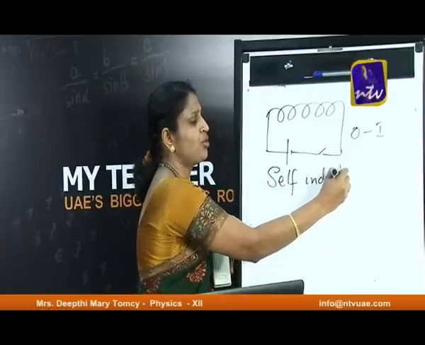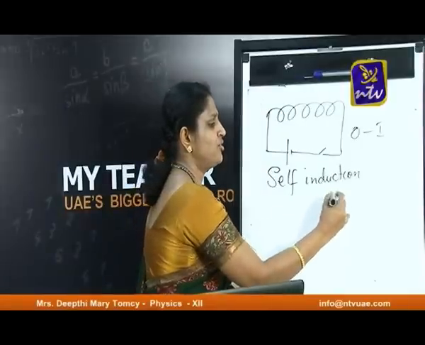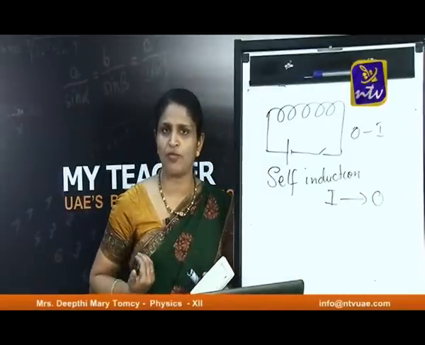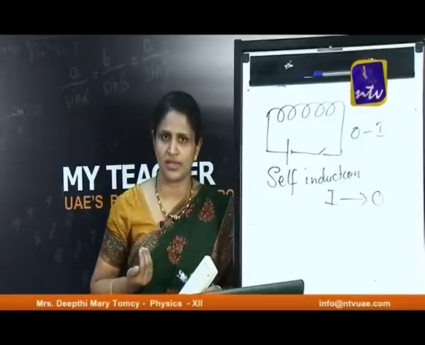So this is also a form of electromagnetic induction. A similar effect you can see when you switch off the current also. When you switch off the current, the current falls or declines from I to 0. When the current is falling from I to 0, the magnetic flux linked with the coil will decrease.